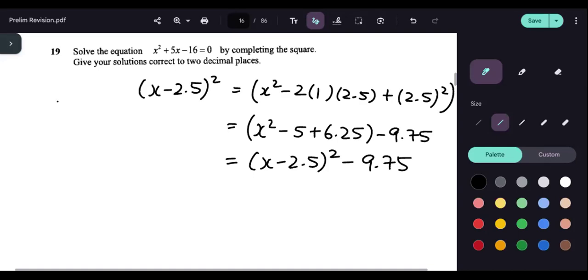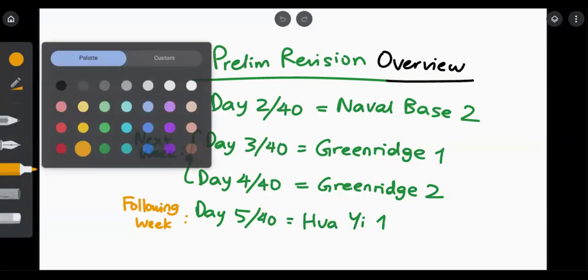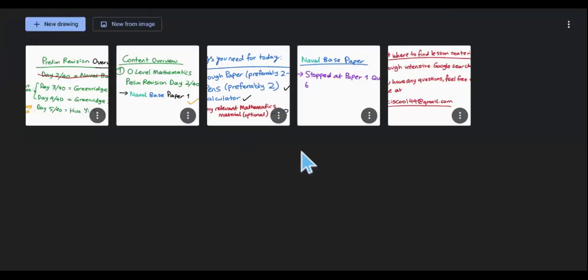I just want to share this with you all first, which is where to find this. This is the schedule. This week we are done with day 2. Next week we are going on to Greenwich paper already, then after that Hawaii. Don't worry if I never finish in time, because there will definitely be a lot of things for us to do.